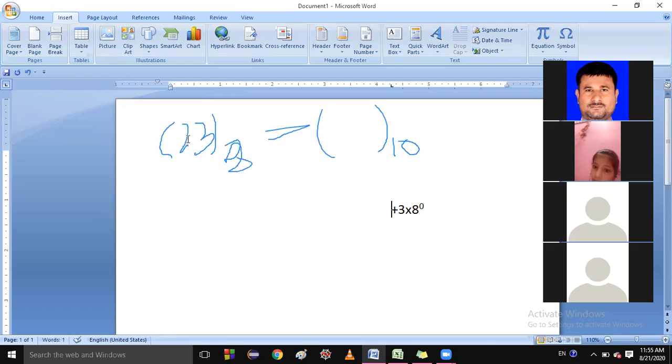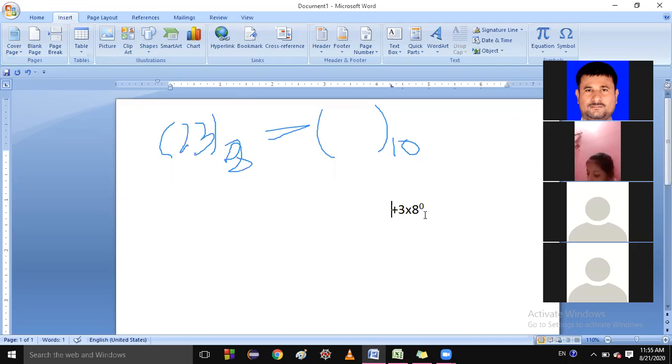If it were binary, you would multiply by 2 power, and the power would start from 0. But this is an octal number.